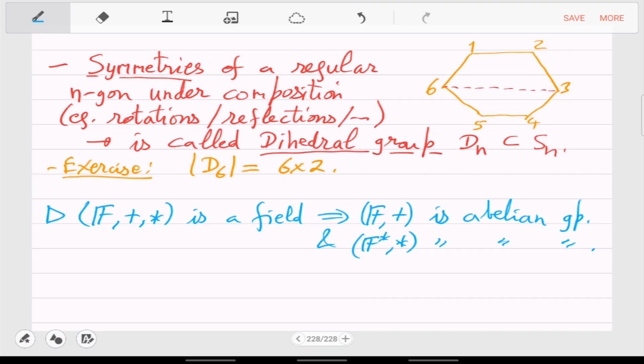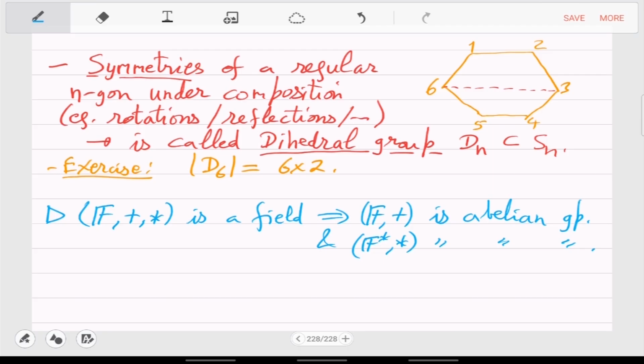So if we had started with the definition of group, then we could have defined field in a shorter way. You could have just said that there are two operations in a field. With plus, it's an abelian group, and with multiplication, it will become an abelian group if you remove 0. And star will distribute on plus.